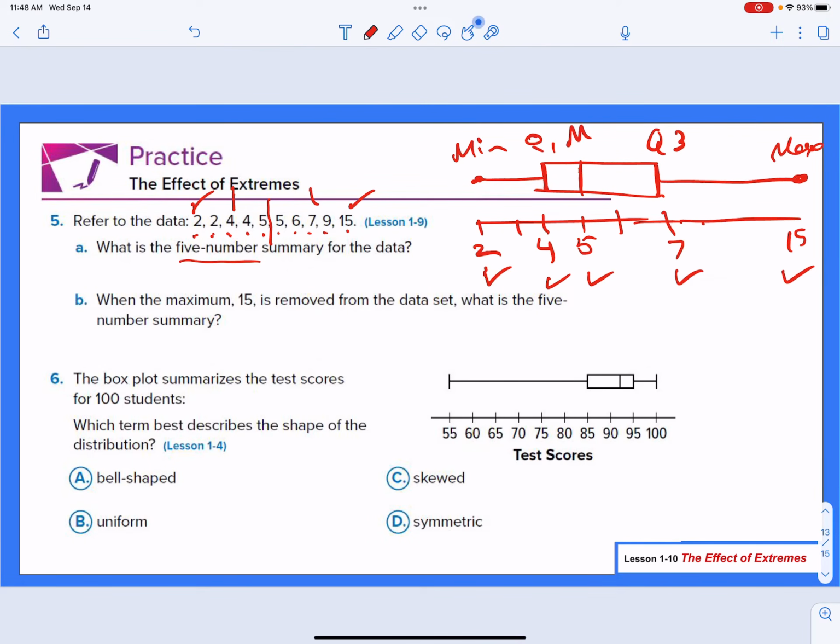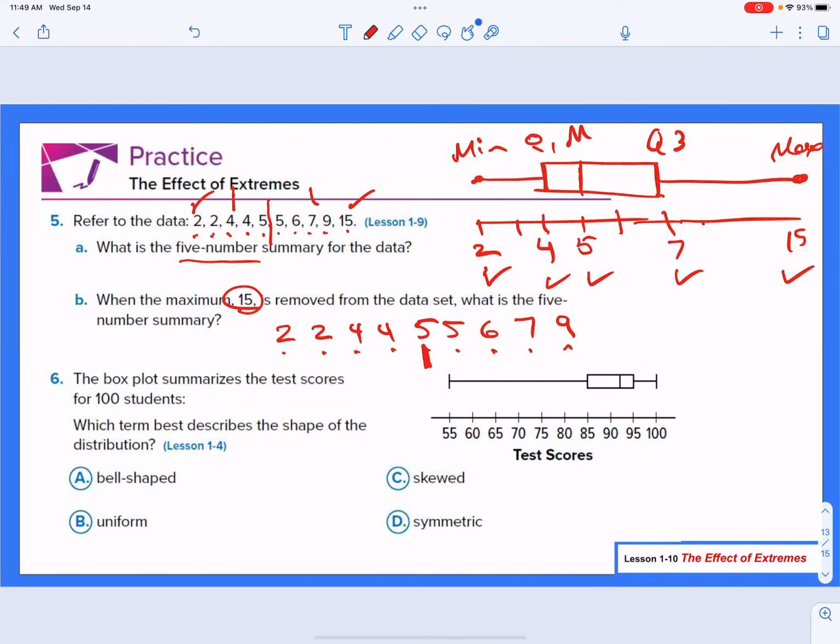When the maximum 15 is removed from the data set, what is the 5-number summary? Okay, so if I get rid of the 15, well, now I'm left with 2, 2, 4, 4, 5, 5, 6, 7, 9. My middle value, 1, 2, 3, 4, 5, 6, 7, 8, 9, is going to be the 5th value right here.